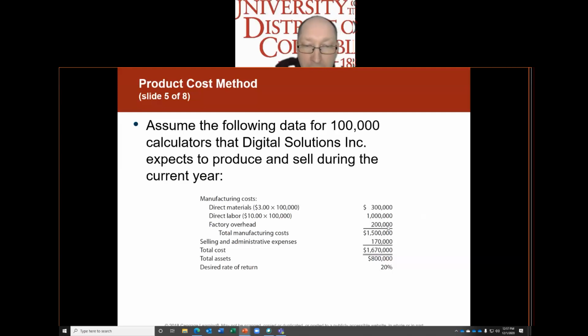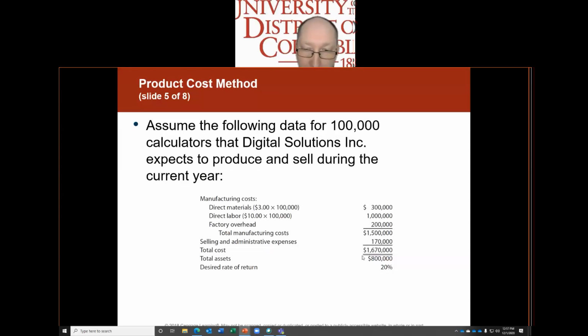Factory overhead, 200,000. Total manufacturing cost for making 100,000 calculators is 1.5 million. My selling administrative expenses are 170,000. You take your total manufacturing cost plus your selling administrative expenses equals your total cost, 1.67 million.